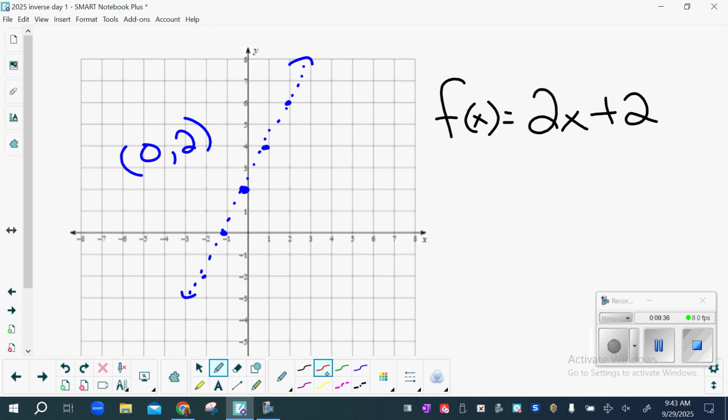So check this out. Instead of it being 0, 2, it's going to be right here. Instead of being 1, 4, it's going to be 4, 1. Instead of being -1, 0, it's going to be 0, -1. Does everybody see it? That is the inverse function.